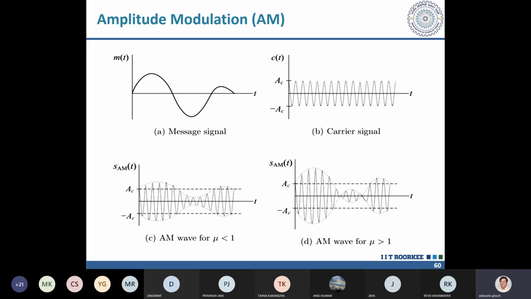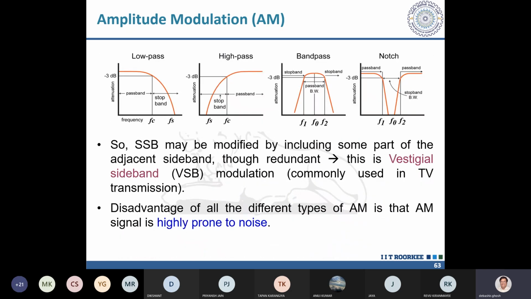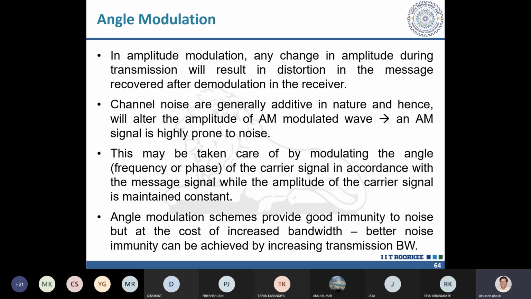So this noise, which is adding to the amplitude, and the amplitude is always fluctuating here, you don't know whether any fluctuation is due to noise or due to message, because the amplitude here is modified by the message. So when you do the demodulation, your demodulated message will also have the noise added to it. And that's why the quality of the signal after demodulation will be bad.